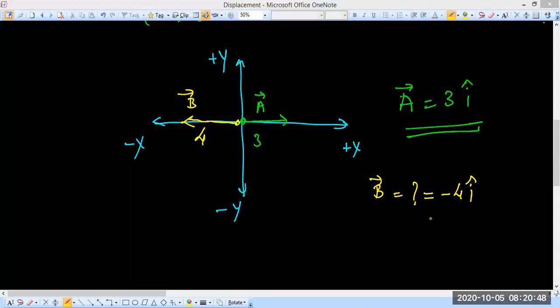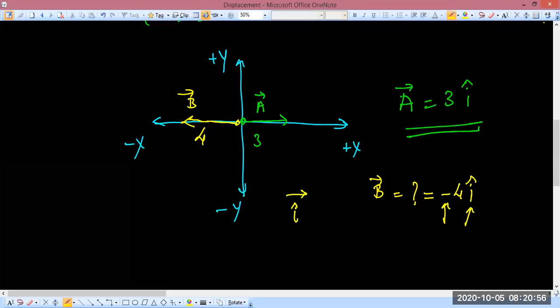I hope everyone understands why it is minus and why it is i caret. Because listen to this. I caret means unit vector, one length, one magnitude on right side, on positive x side. But this vector is 4. So actually I'll have to draw 4 i carets but in opposite direction.